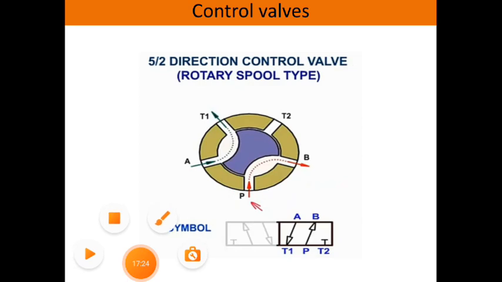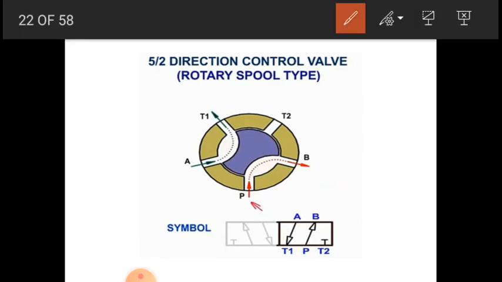When you push the palm button, the spool is tilted by a certain degree and the port openings change. Now the fluid moves from port P to port B and from port A to T. So the actuator position changes.